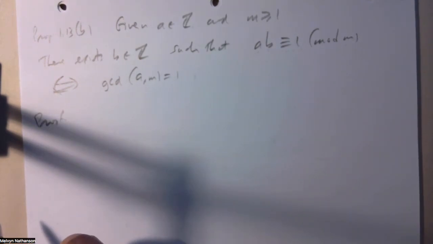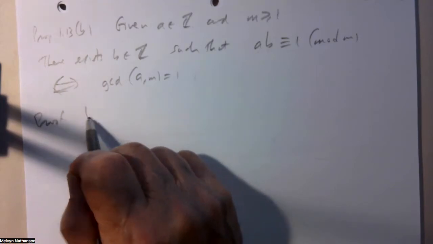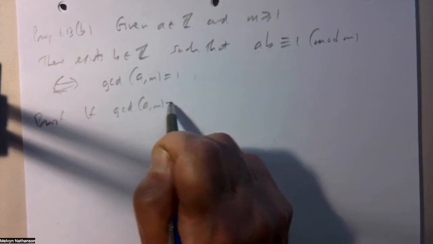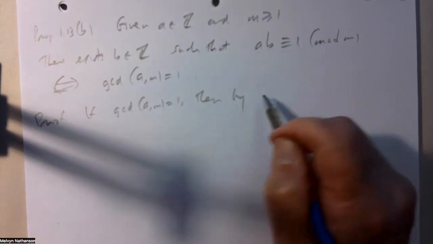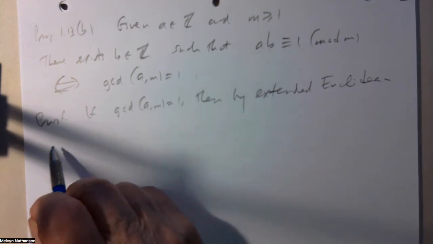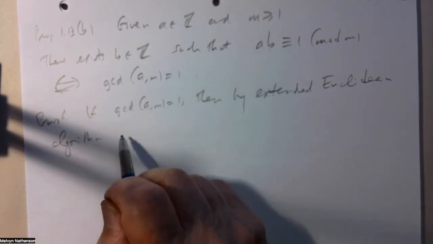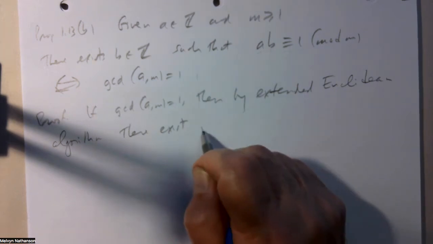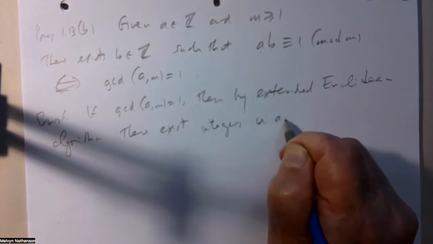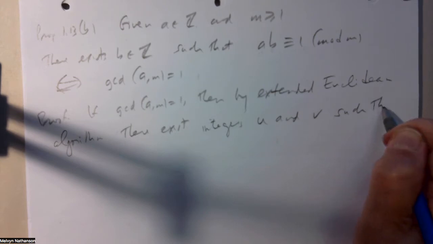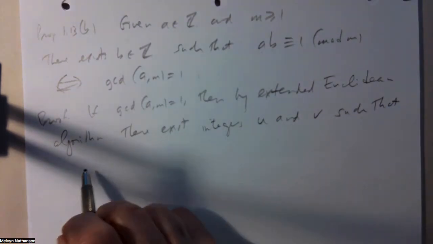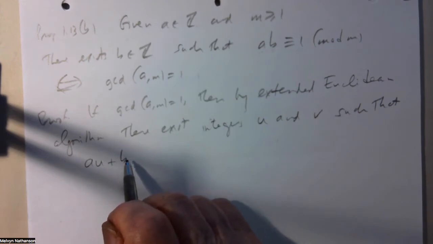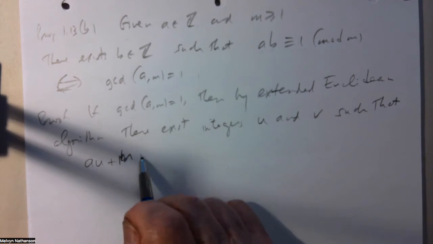So the proof goes as follows. If A and M are relatively prime, then by what the book calls the extended Euclidean algorithm, there exist integers U and V such that AU plus MV equals 1.